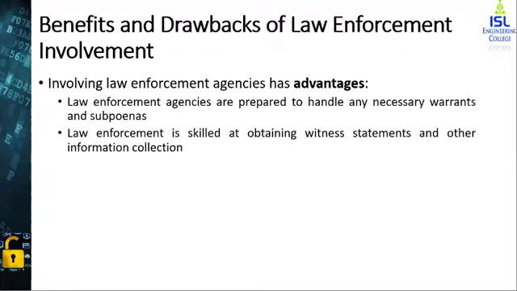Now, there are a few advantages and disadvantages of involving law enforcement. The advantage is that law enforcement agencies are prepared to handle any necessary warrants and subpoenas.